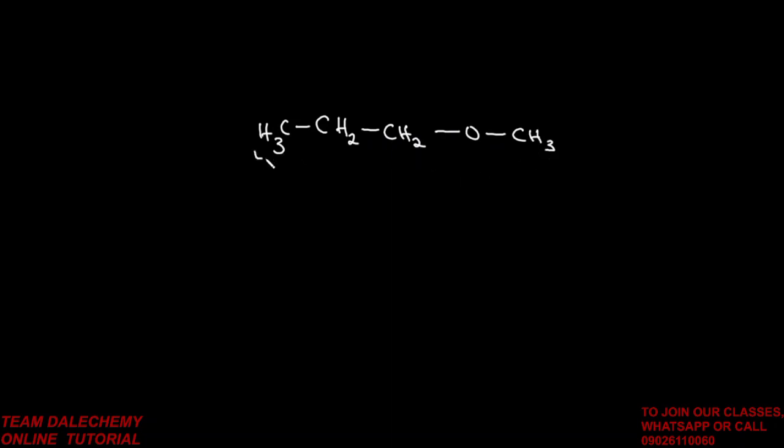The first alkyl group here has 3 carbons and the other has 1 carbon. So the 3 carbon chain will be the parent alkane. Then you treat the one with the lower number of carbons as the alkoxy group. So the alkoxy group here will be the methoxy group, and this will be the propane. So this will just become methoxypropane.